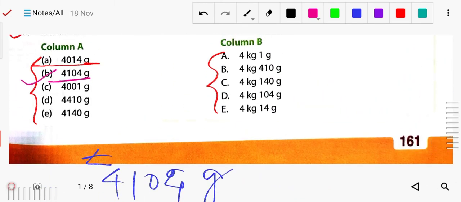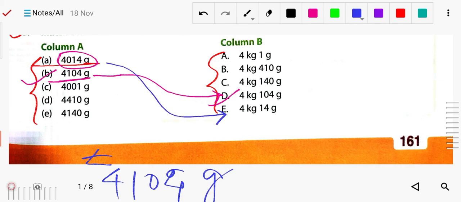You can see where there is 4 kg 104 gram, it is D, so it means B will match to D. Similarly you can do for A also. You divide by 1000, so you will get 4 kg 14 gram, so it will be matched to 4 kg 14 gram. Likewise, this is 4001, so you will get 4 kg 1 gram, so this will match to A.